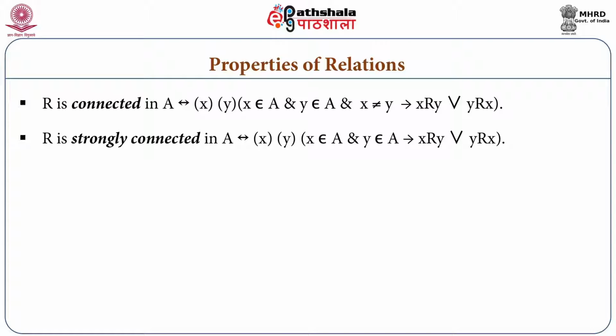It holds if and only if for all x, y, if both x and y are elements of A, then either x is related to y or y is related to x. What is the difference? In the first condition, connectedness, we have a condition that x and y should not be identical. But in the second condition, strongly connected, we are not eliminating the possibility of the same relation holding between two identical members.